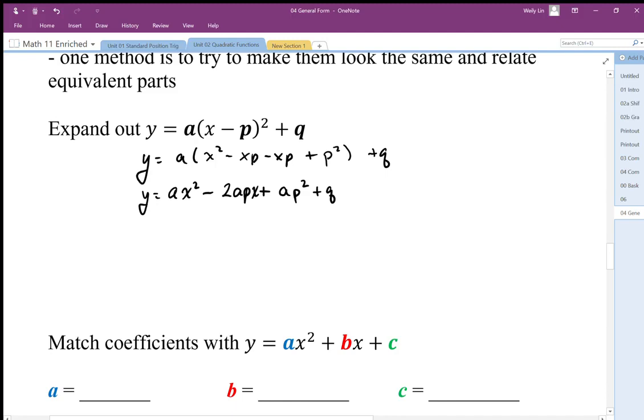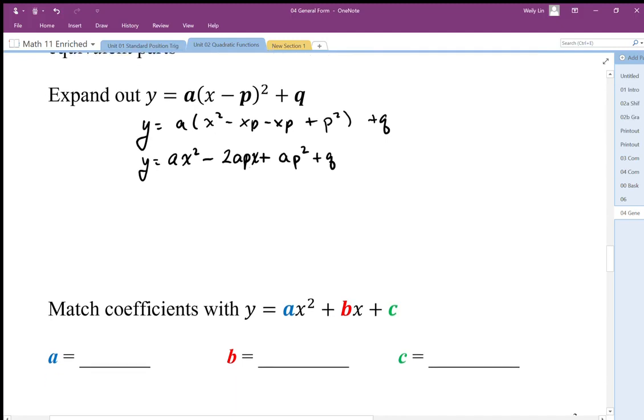Now, what we want to do is match the coefficients. Notice that there's an x squared term, an x term, and a constant term here, and a constant term there. What's really straightforward is that this a and this a match. They're the same. A is equal to a, so no problem.